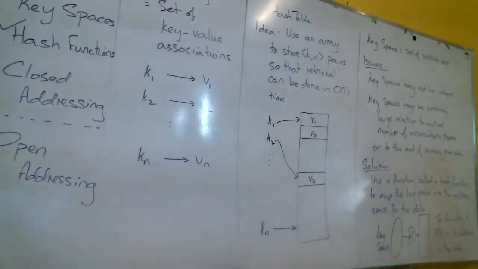What's guaranteed to happen if I have fewer addresses than keys? I can't have keys without addresses, because then that wouldn't have been a total function. A function defined on a domain must have a value for every element in the domain. I will have more than one key mapping to the same address.